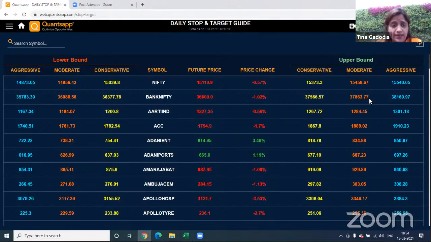It's not the technical levels, it's the derivative levels. So based on the entire options data, IV, you have these levels, these bands coming up. So volatility based levels. So 15,040, Nifty lower end, then 15,373. So how you use it when you're doing intraday trading, you see that the market has approached certain key levels.